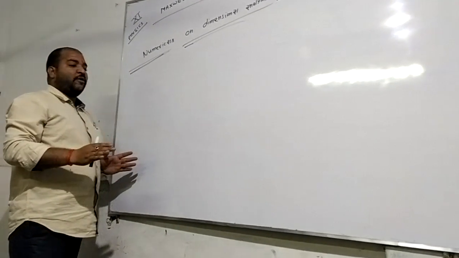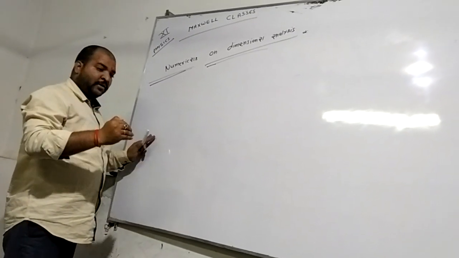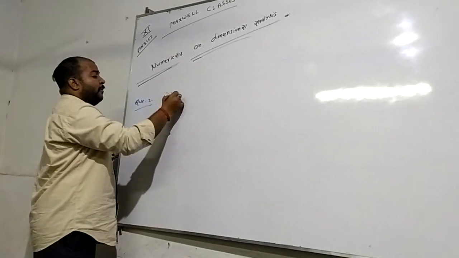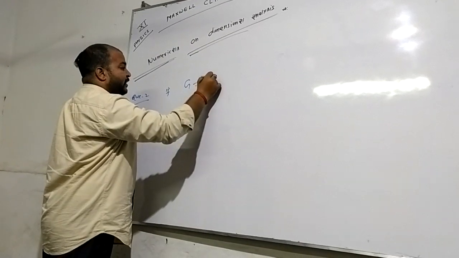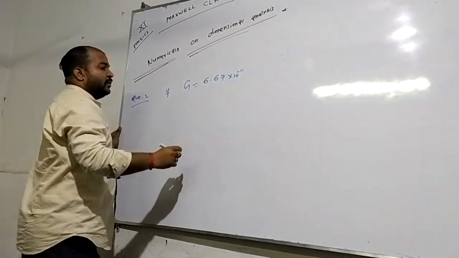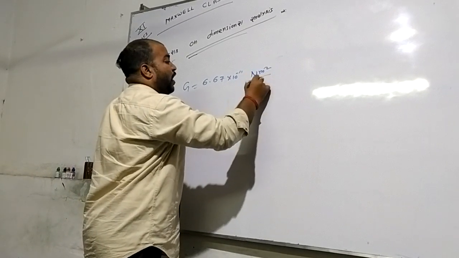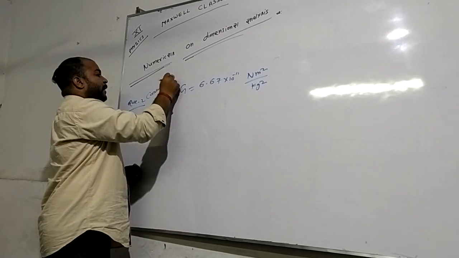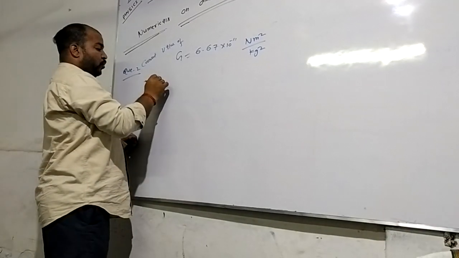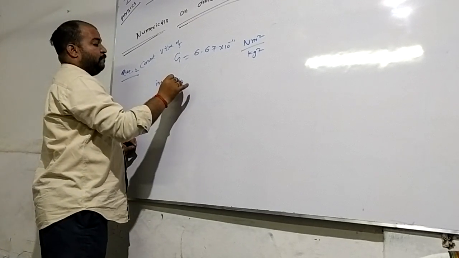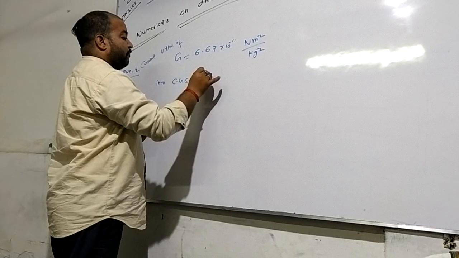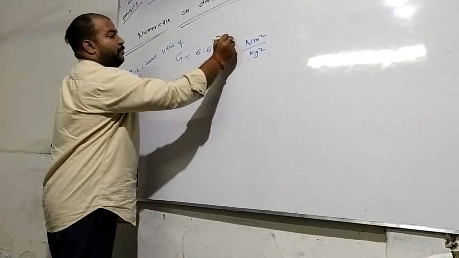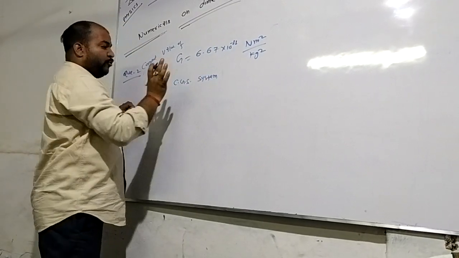Suppose question 2: if capital G equals 6.67 into 10 power minus 11 Newton meter square per kg square, convert the value of G into the CGS system.